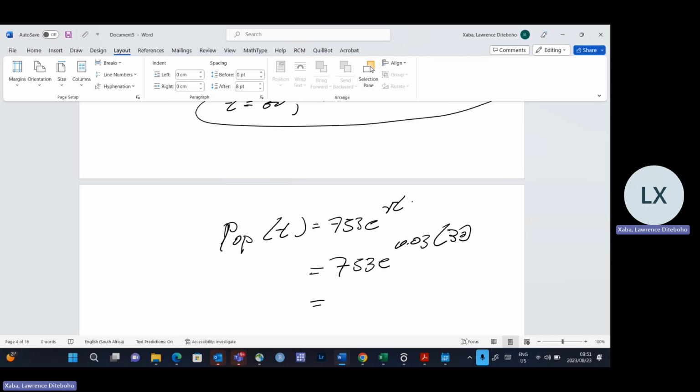Then we simplify. We can start with the exponent there. When you multiply 0.03 times 30, we end up having 0.9. Then 753 shift e to the power 0.9. Now the population after 30 years will be 1,850.52. So that is our population.